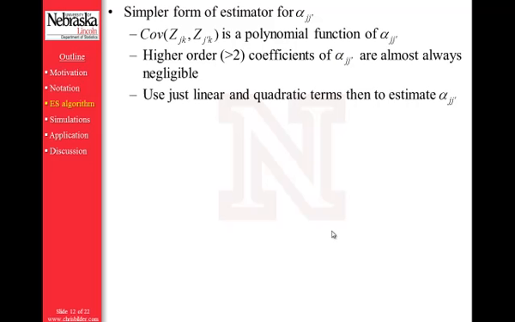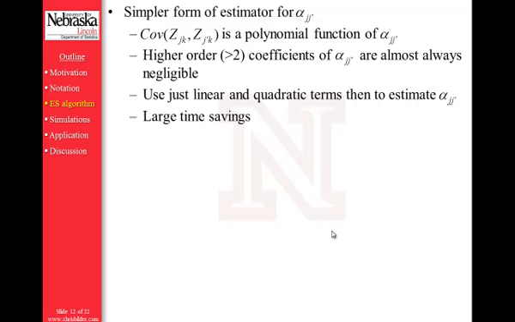The reason is that these individual probabilities of being positive for a disease are generally quite small. So one can work with just the first and second order coefficients of this polynomial and come up with an estimate for the working correlation that way. And in the end, you get very large time savings.